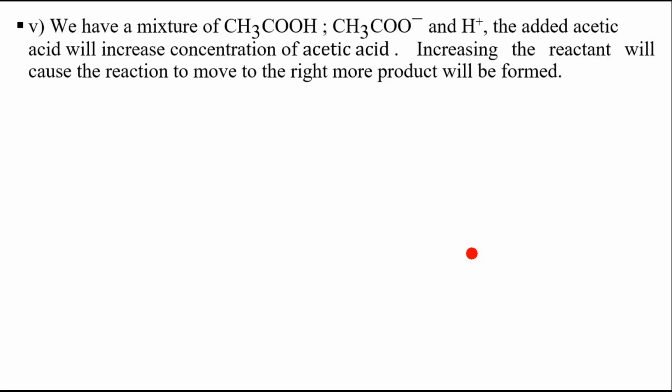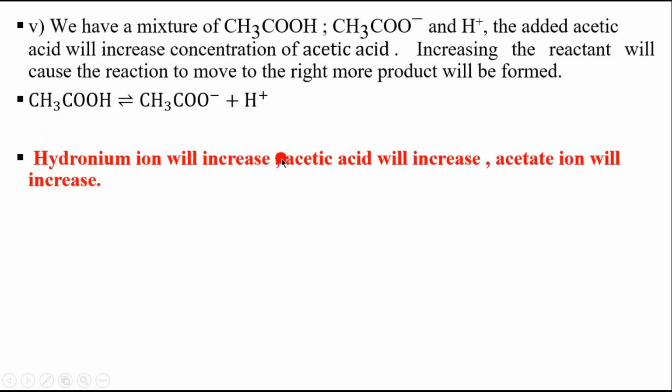So again, we have a mixture. They're asking when you add acetic acid, you are adding the reactant. If you add more reactant, the equilibrium will shift toward the formation of the product. Hydronium ion will increase, that means the product will increase. Acetic acid will also increase because we are adding it. Then acetate ion will also increase because it is also a product.